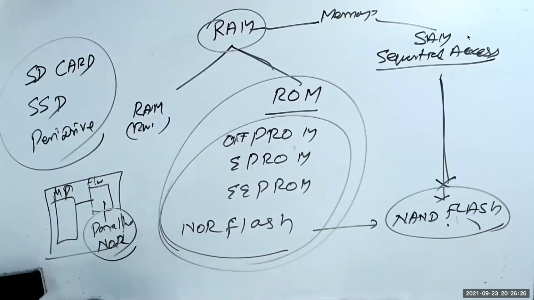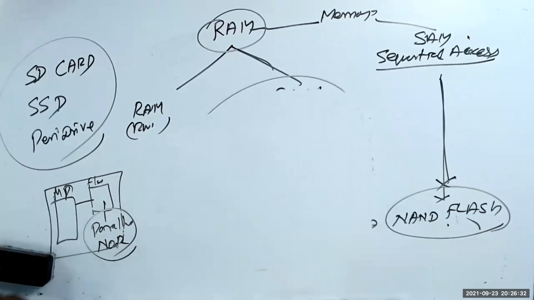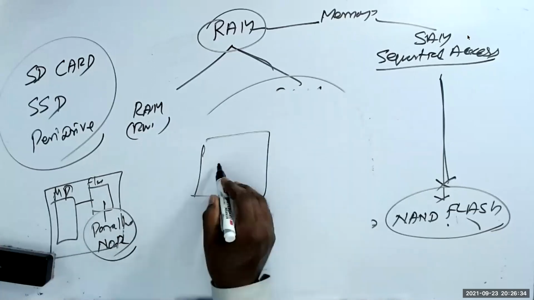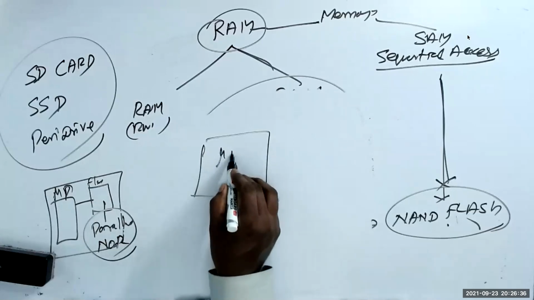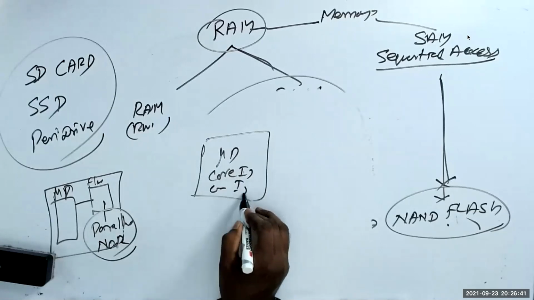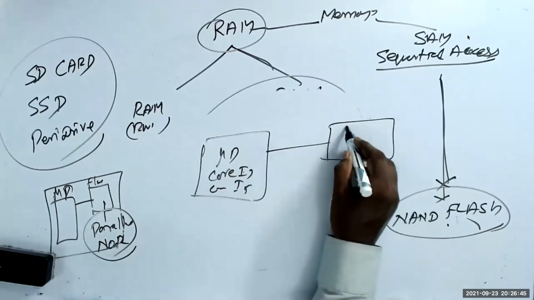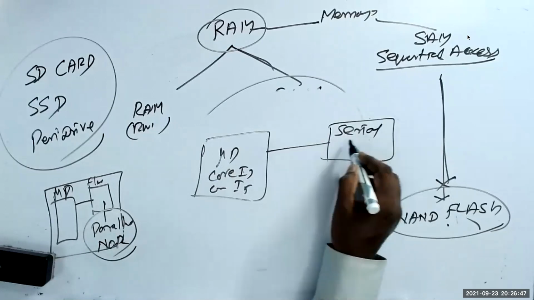You know one thing, in your PC, you have a microprocessor, Core i7, Core i5. That is connected to the serial NOR flash.